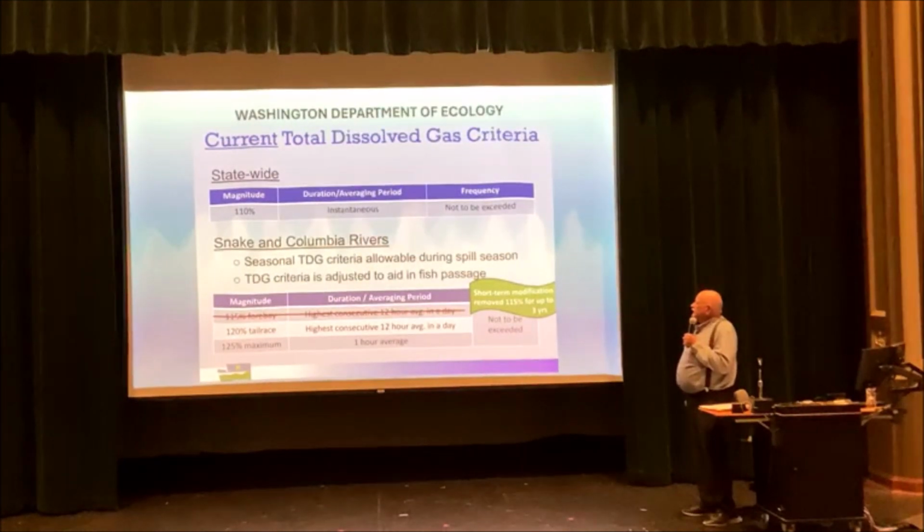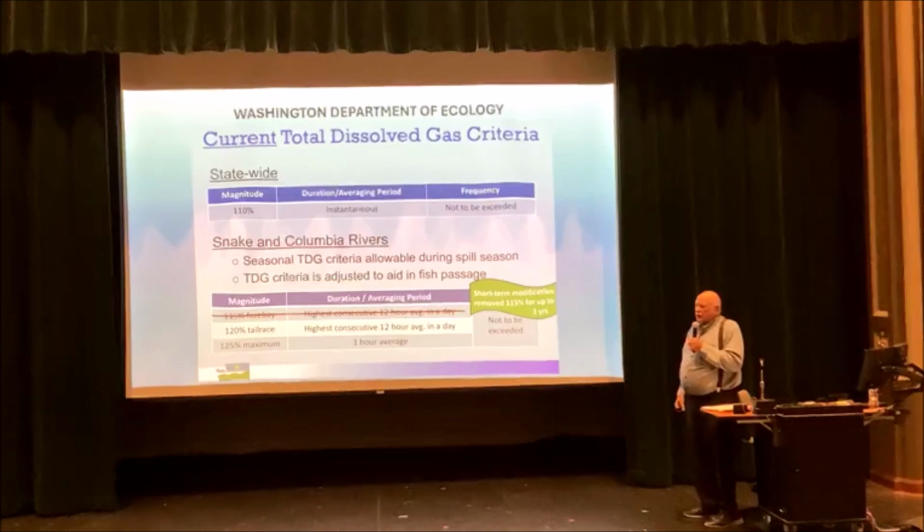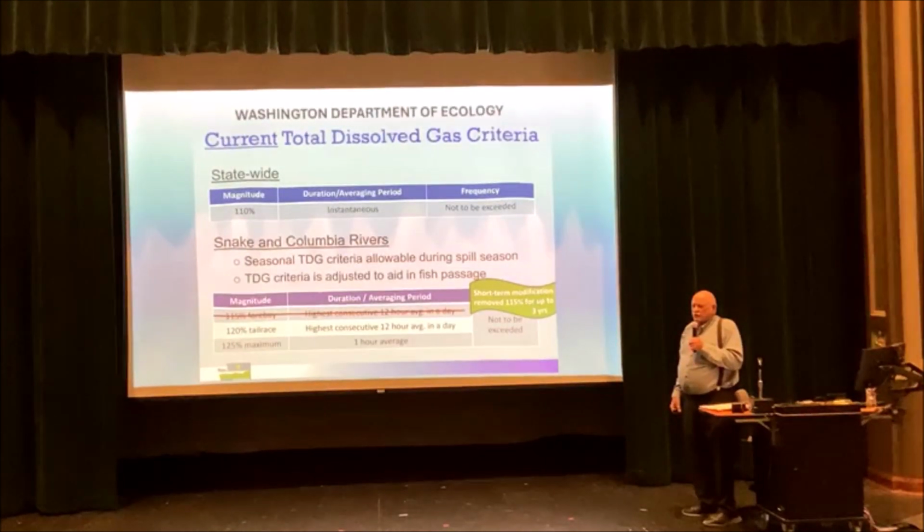The states, going back to when gas supersaturation first became a problem, they wanted to set the supersaturation rates at the dams at 105%, because if you get up around 105% in shallow hatchery troughs, for example, it can be lethal to fish. But water was coming out of Hell's Canyon at 108%, so they couldn't set it at 105.